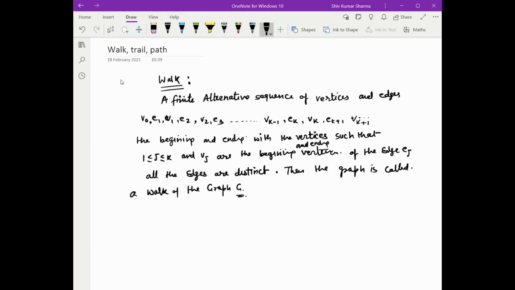Here in a walk, vertices can be repeated, because we start with the initial vertex V0 and we also end with the vertex Vk plus 1. When you start walking from a source, take the example of a park.